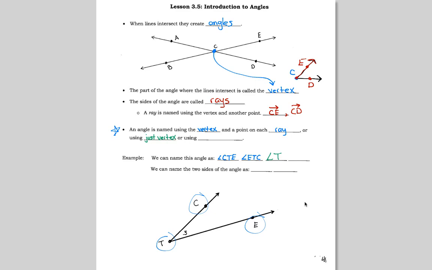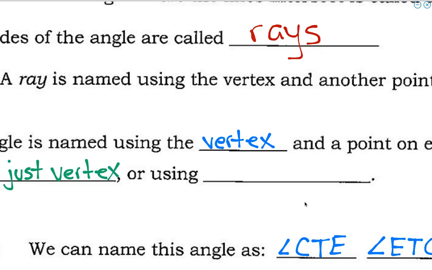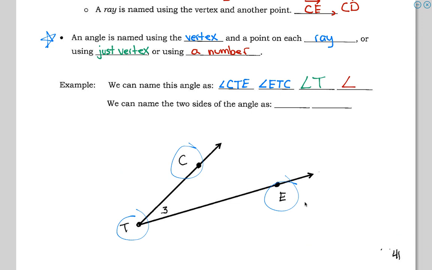And then the last strategy is just using a given number. So this would be angle 3. Numbers are not always available, but when they are, they tend to be the easiest strategy.